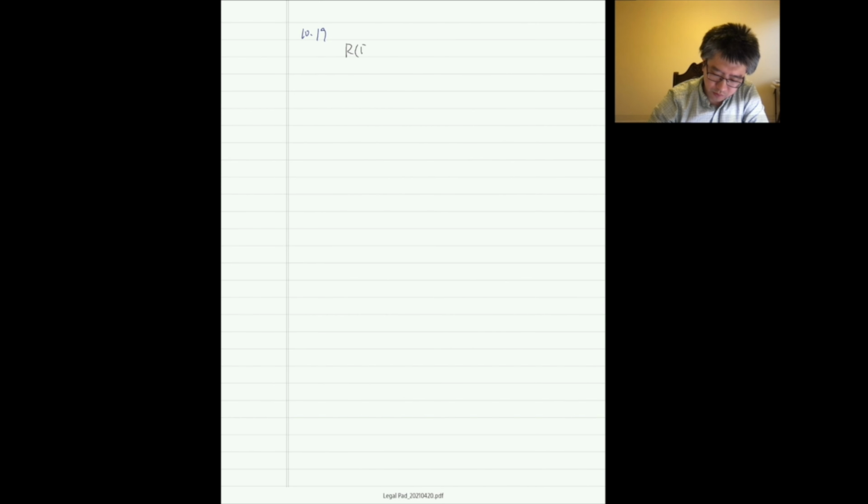Okay, so it can be shown that R(d1, d2) will be nothing but the inf of, let's see, let's write down the condition first. So the condition should be this, right?